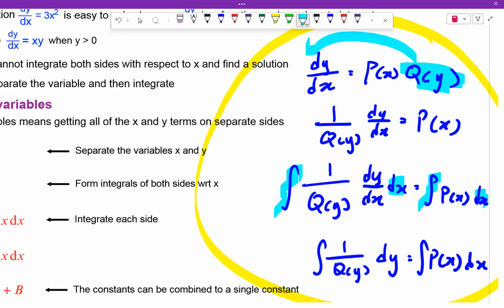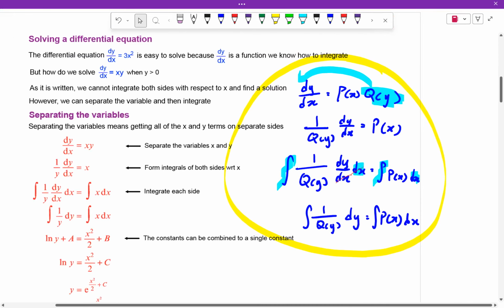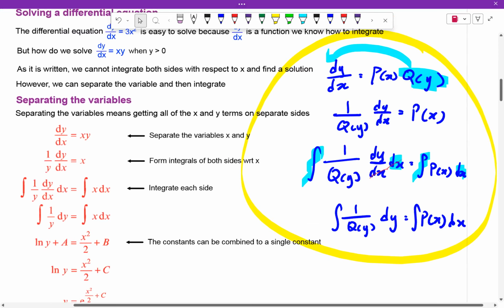What happens is that it will cancel out the dx, and the left hand side will remain with integral of 1 over q(y) dy equals to integration of p(x) over dx. Now, this is obviously the general format, but let's have a look at the demo.